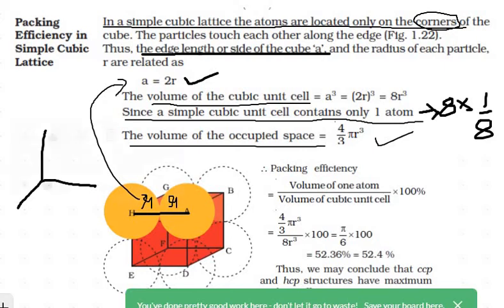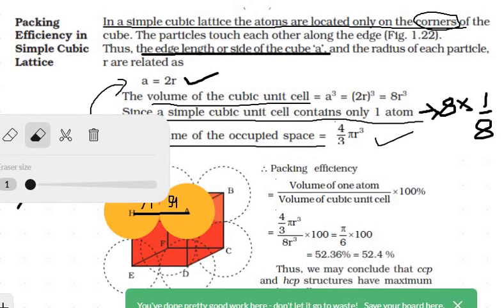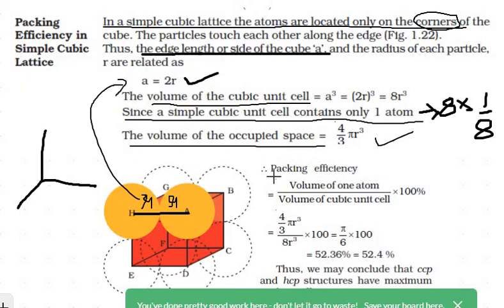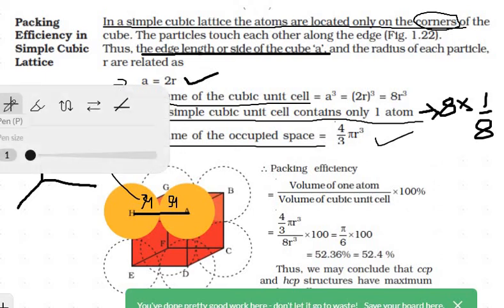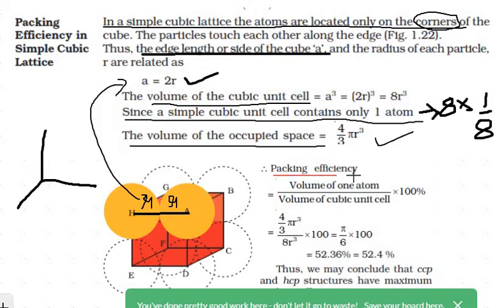Now one more thing you need to remember is the packing efficiency. The packing efficiency is defined as volume of one atom divided by volume of cubic unit cell into 100 percent. Why? Because the efficiency is always taken in percentage, so we multiply it by 100.